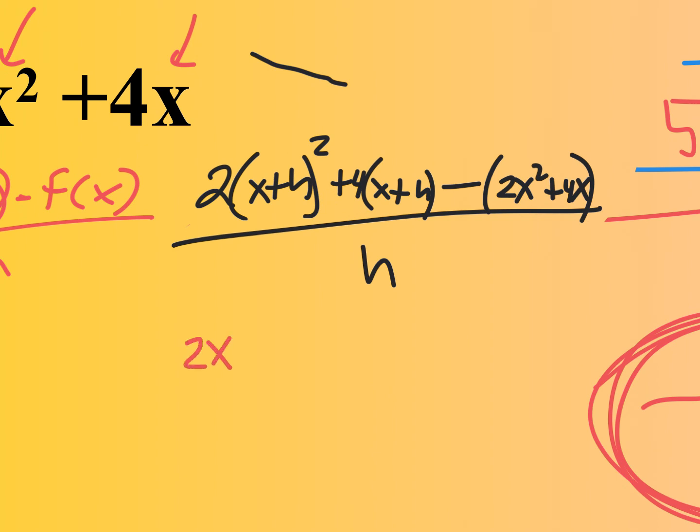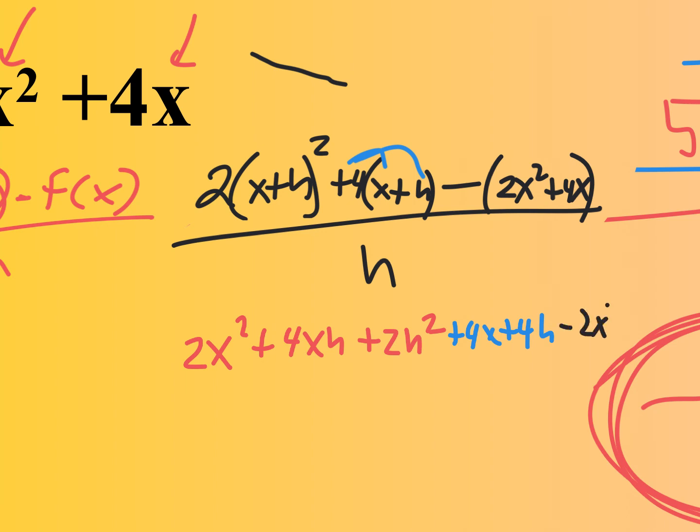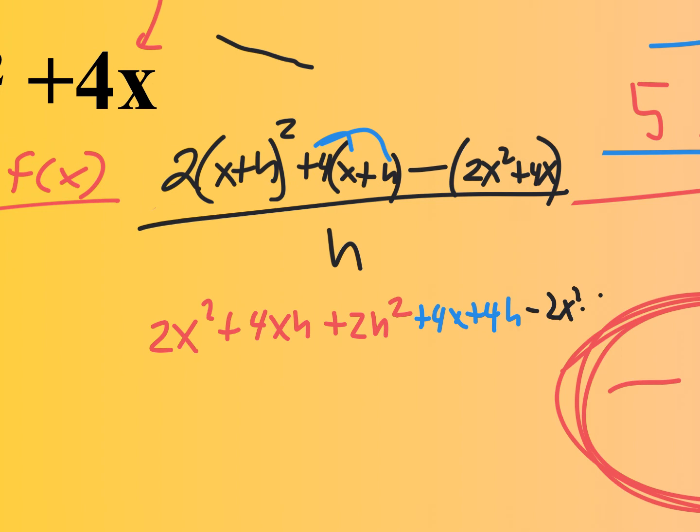This is going to be 2x squared plus 2 times 4xh plus h squared, and then I times it by 2, 2h squared. And then I'm doing this next part in blue, plus 4x plus 4h. I'll do the last part in black again, minus 2x squared minus 4x.